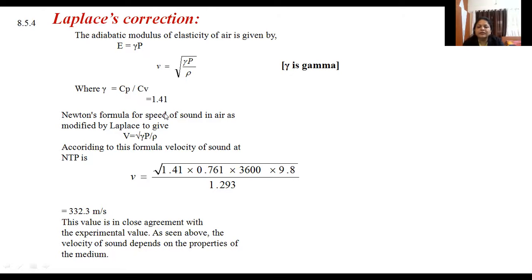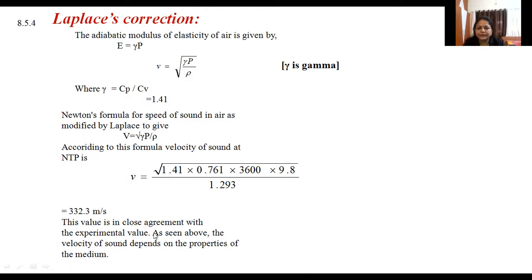1.41. Now if we put all these values in this formula, by doing some mathematical substitutions we get the value of V as 332.3 meters per second, and this value is very close to the velocity of sound derived by many people through experiments. So the Laplace correction is in very close agreement.